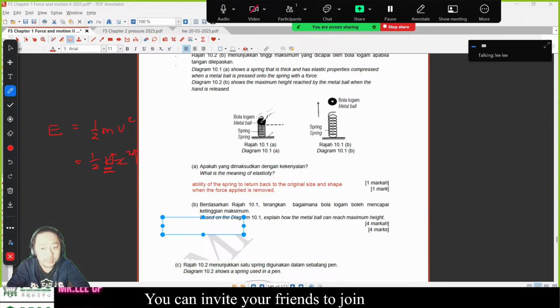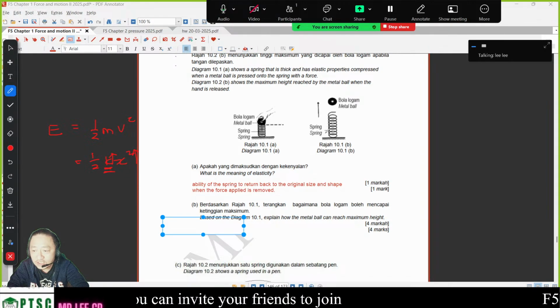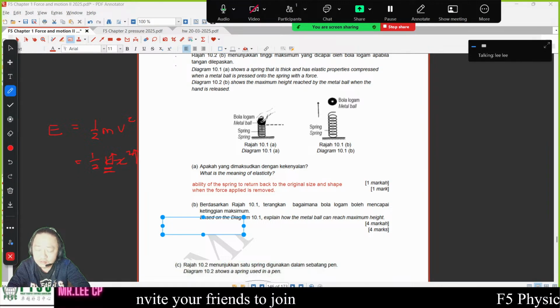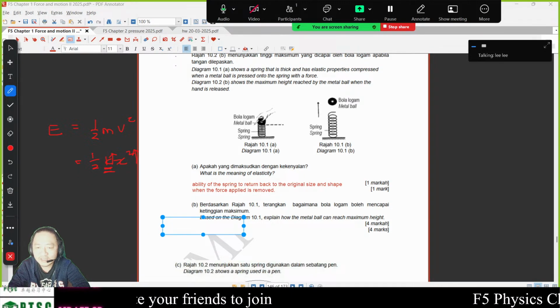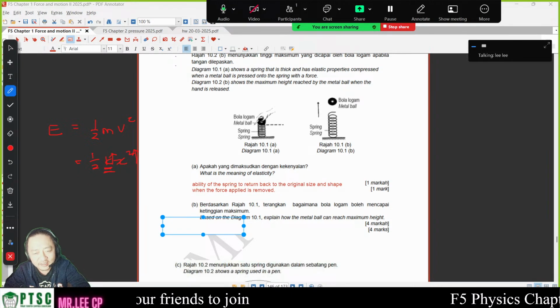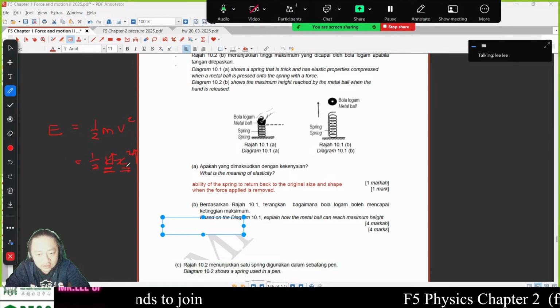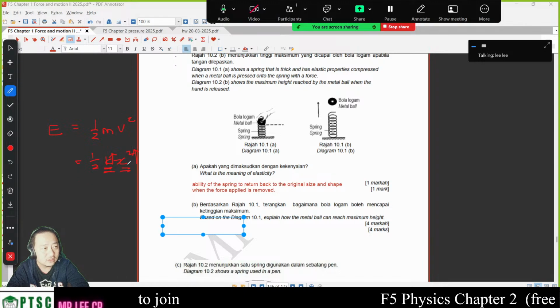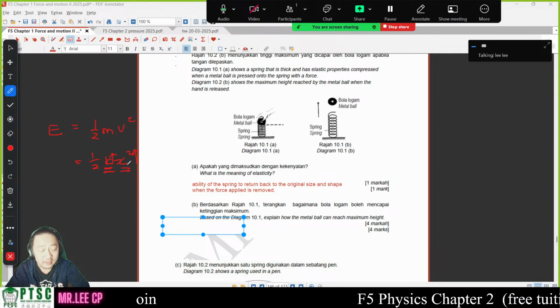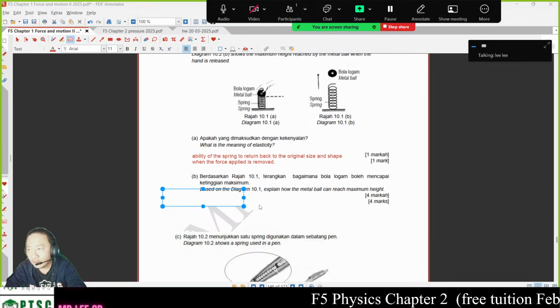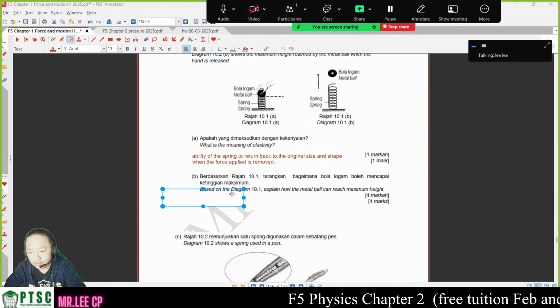Because the spring is already fixed, the k I cannot change. It is impossible to change to a higher k, a stiffer spring, so I don't want to change it. The only way is x. So increase the x, increase the extension of the spring.